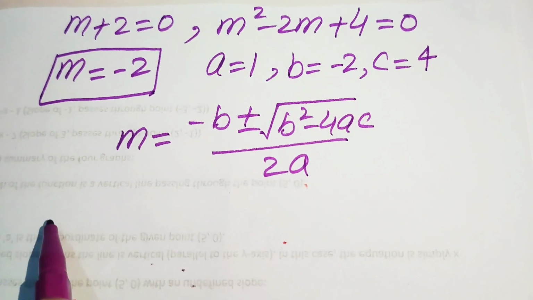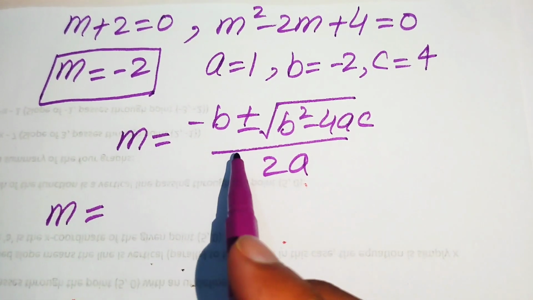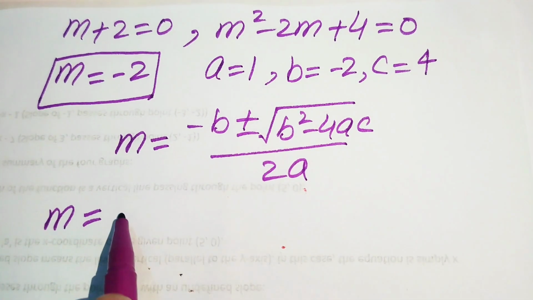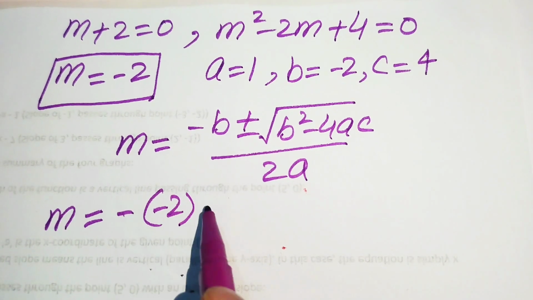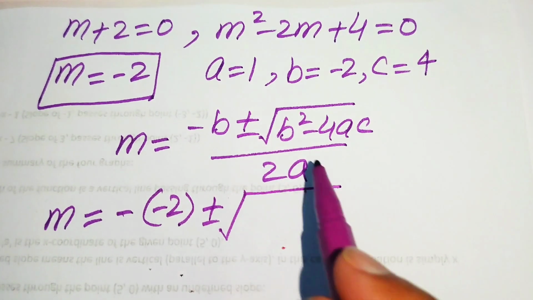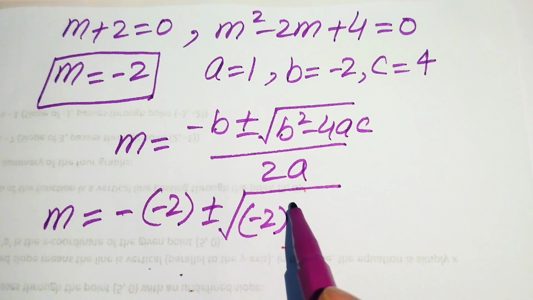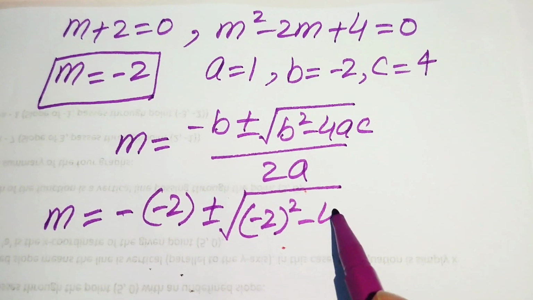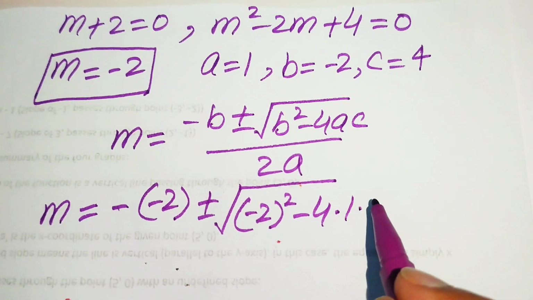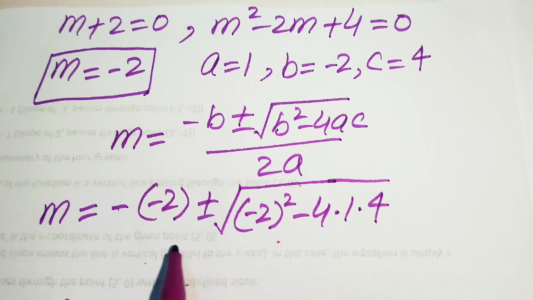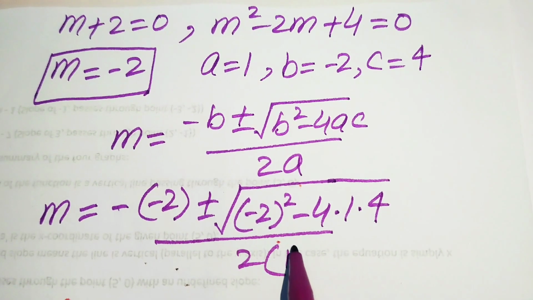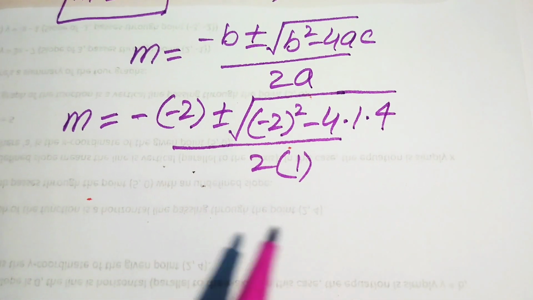And now we substitute the values of a, b, and c here, and it will be written as minus into minus 2 plus minus square root of b square, b means minus 2 square, minus 4 times a is 1, and c is 4, and it is divided by 2 times a, and our a is 1.